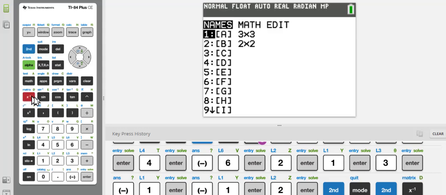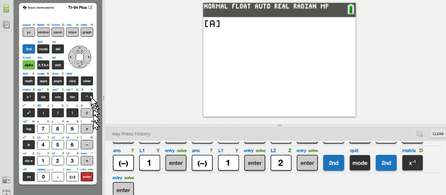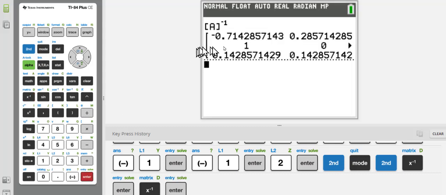Let's go back to the matrix menu. Under names, I want to select the A. It takes it to my main screen. And then if I hit this X to the -1 power, that's what it uses for the inverse. Even though it's not the -1 power, that's what the calculator uses to find the inverse. That's yucky.